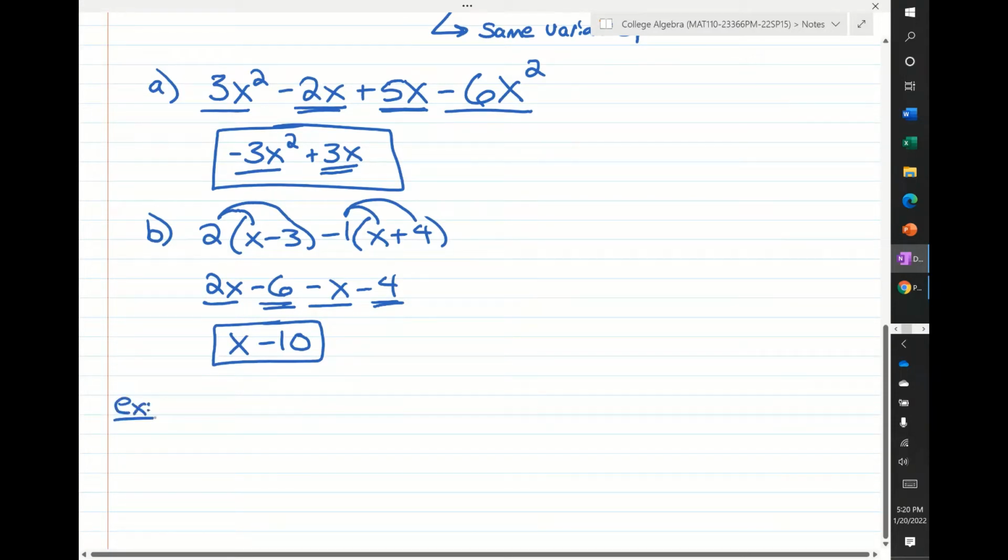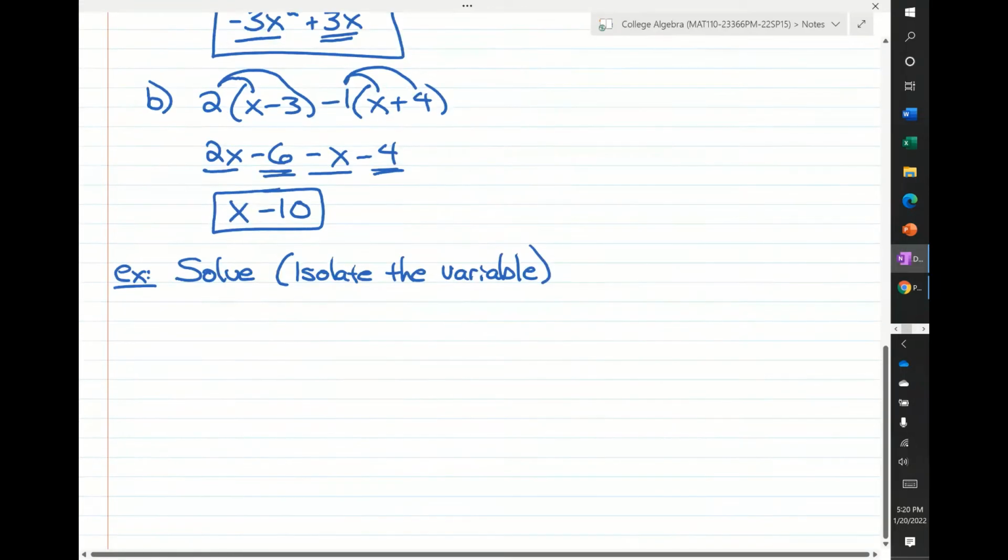The majority of this section, we're looking to solve. Solve just means isolate the variable. Isolate just means get it by itself. Well, let's get to some of those questions.